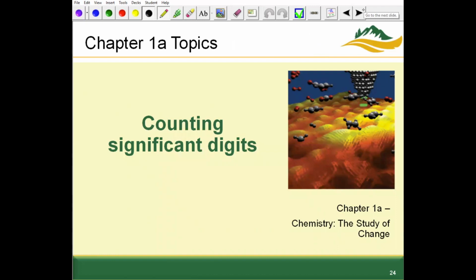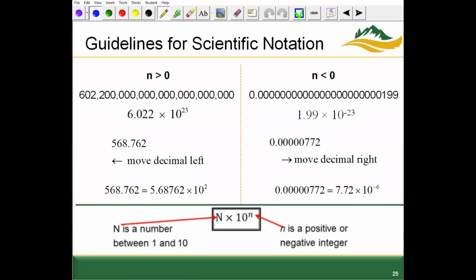Now, speaking of sig figs, we're going to go into this topic a little bit more on counting sig figs. One big idea that is related to counting sig figs is being able to write these numbers in scientific notation. The main thing I want to point out from this slide that is available in your chapter 1 slides is that if we have a really large number that's greater than 0, we'll have a positive exponent here.